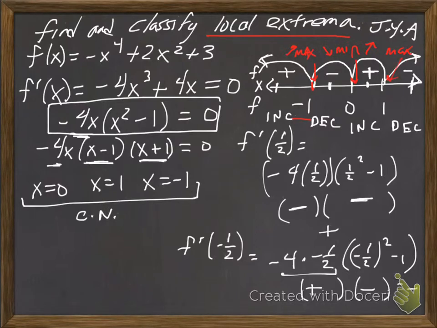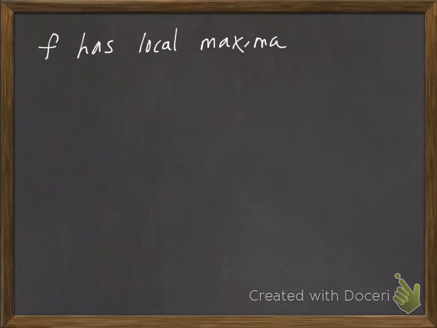We still haven't justified it, though, because on the AP test, they do not accept a number line. Informative as it is, it doesn't quite show your reasoning. All you've done is plug in numbers and do some slight interpretation, but not much. So to actually justify where this thing has local extrema, we'll have to extrapolate from our number line in the following way. f has local or relative maxima at x equals negative 1 and x equals 1.